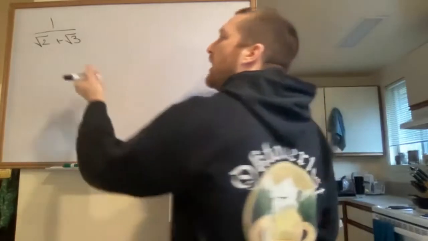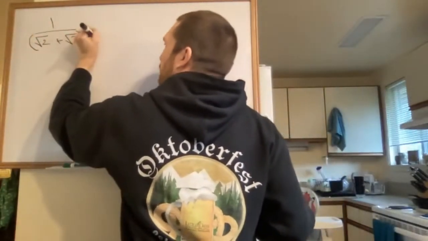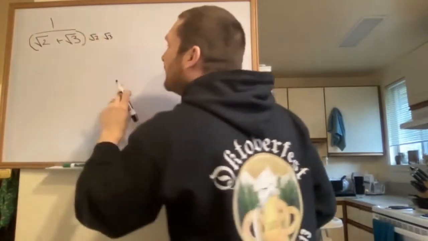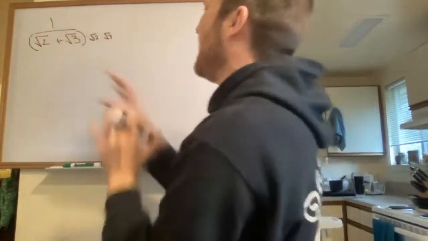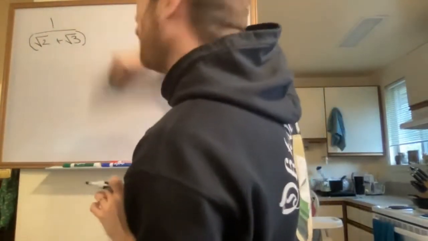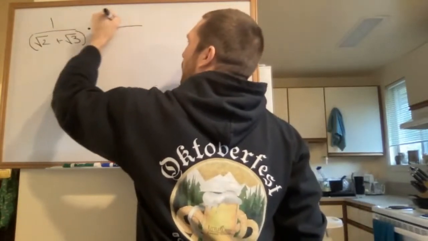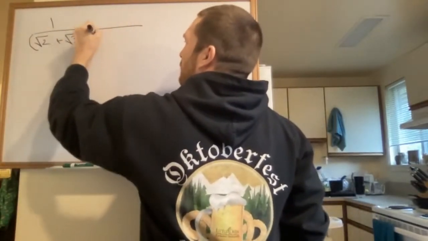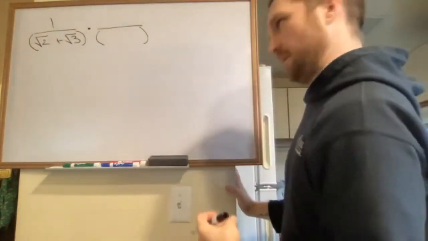The problem was if we tried to just multiply by square root of 2 times the square root of 3, we would still have roots in the denominator. So what did we have to multiply this by in order to kill all the roots?